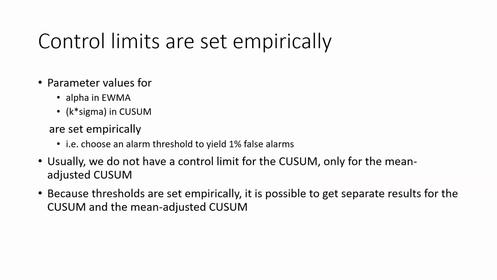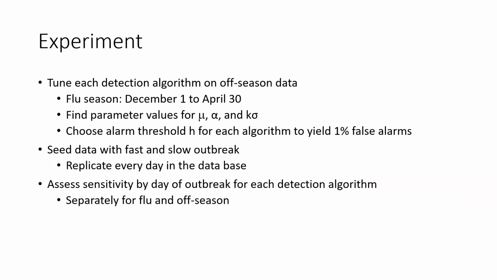The control limits are set empirically, such that the parameter values for alpha in EWMA and the K times sigma in CUSUM are chosen such that we wouldn't get more than 1% false alarms. Now, usually we don't have a control limit for the CUSUM, only for the mean-adjusted CUSUM, but we set them empirically here because that was feasible.